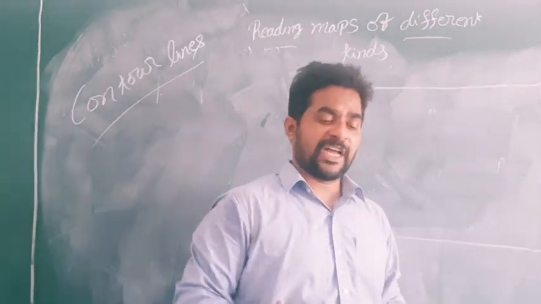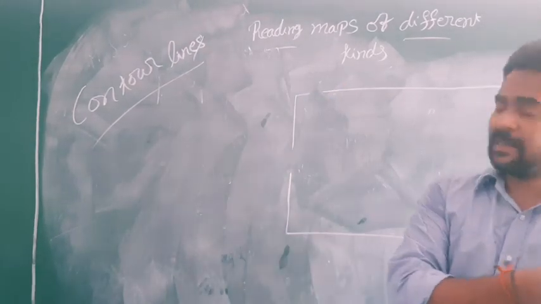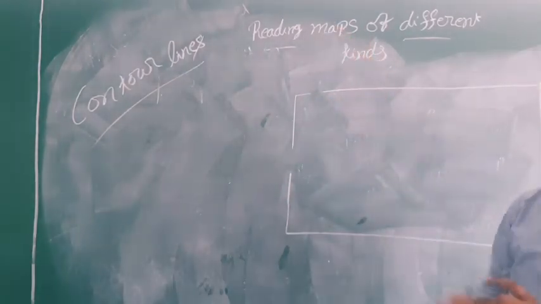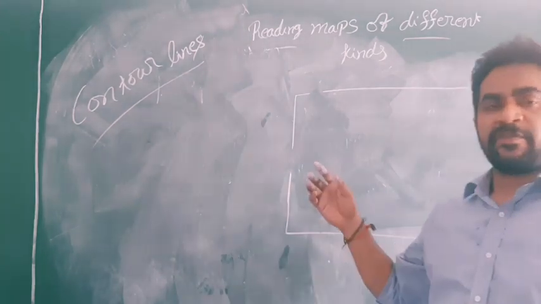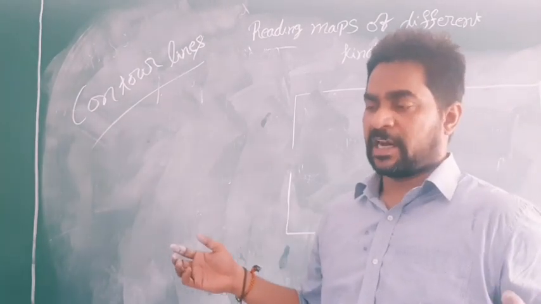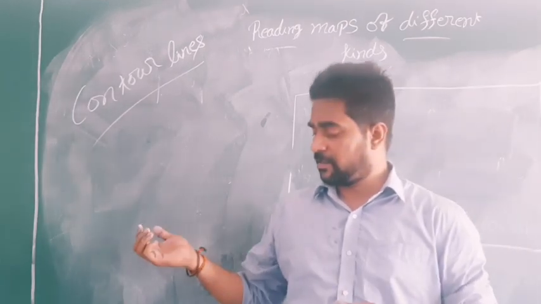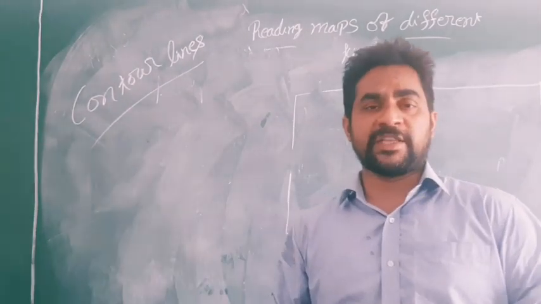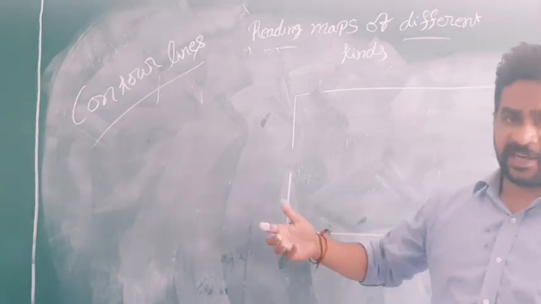One more time, my dear children, try to understand what we learned today in this lesson: reading maps of different kinds. First, I explained that different areas have different conditions like temperature, rainfall and weather, and also that we make different types of maps.